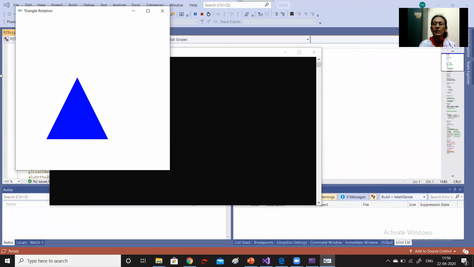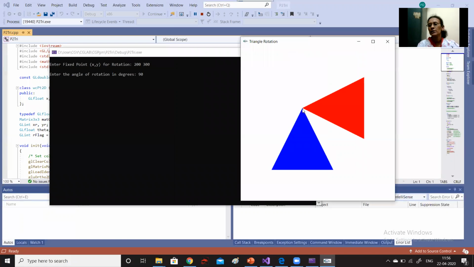And so that is not getting displayed. Now I right click, rotate about fixed point. See, now the point 200, 300 is this. I have got this. This base has been transformed to this. And this is my point.